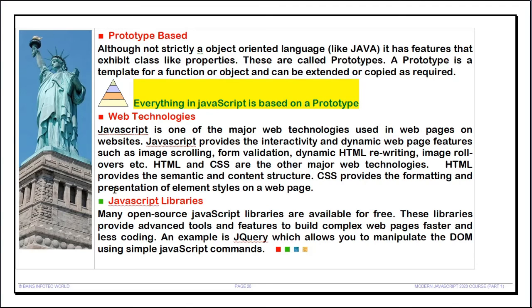Okay, next section. JavaScript technologies. Now, because JavaScript is used so widely in web pages on the internet, it's become the standard language for web development, and as a result various companies have written reusable JavaScript libraries.